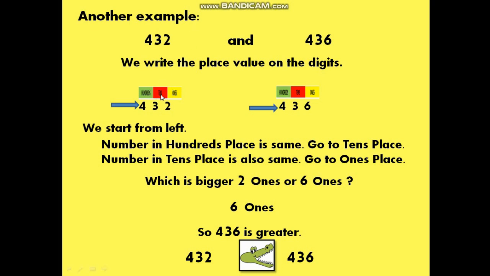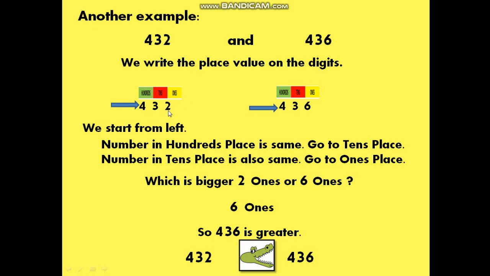Let us compare the digits at the 10s place. This is 3 tens here and 3 tens here. Oh, here also the digits are the same. So what are we going to do? We are going to move on to the next place, that is the 1s place, and compare them.